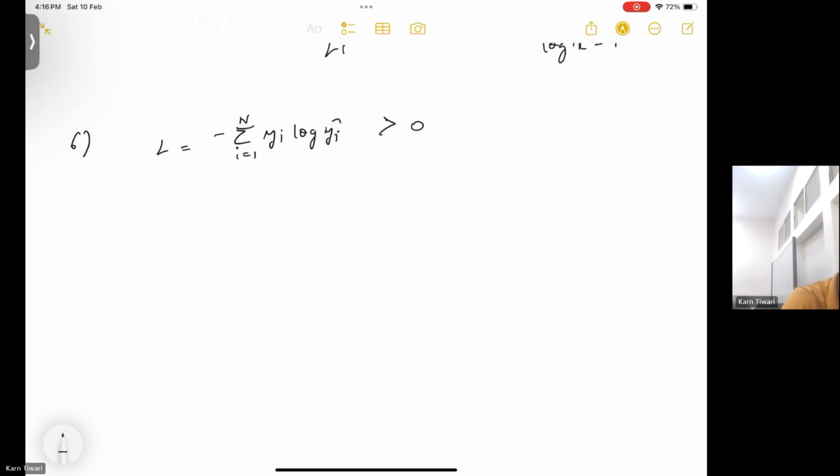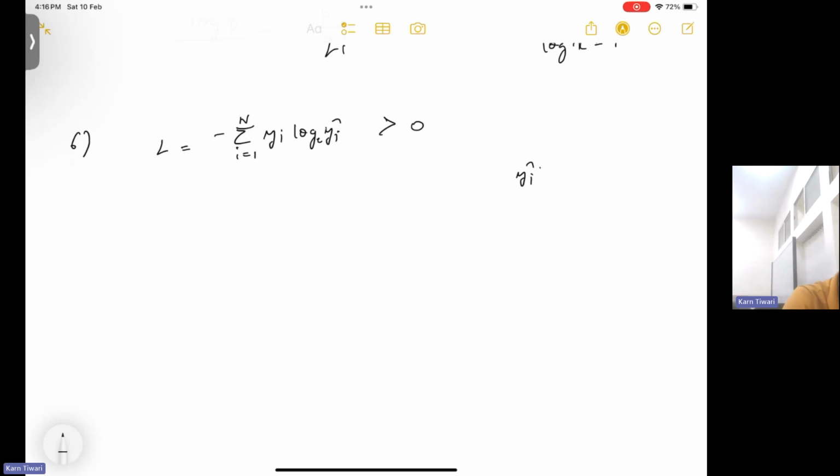It can be one when, in the simplest case, we take all of the yi terms as 1 by n. And the log base is e, suppose.